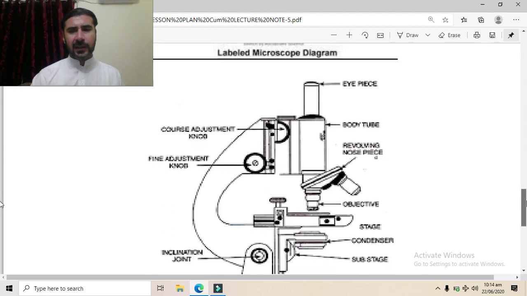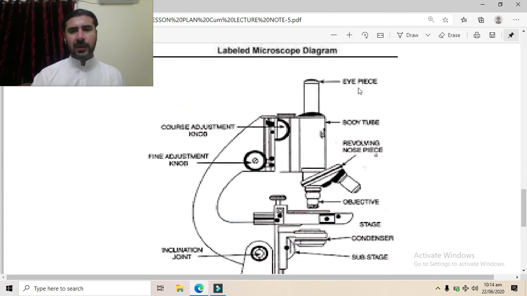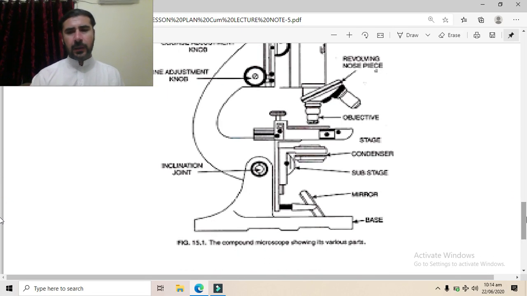This is another diagram. Again, this is the eyepiece with one lens here. This is the objective lens, another lens. Here is the stage, and here will be the slide on which your sample is.